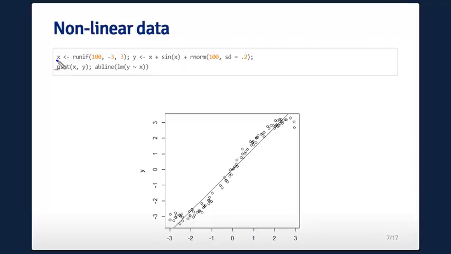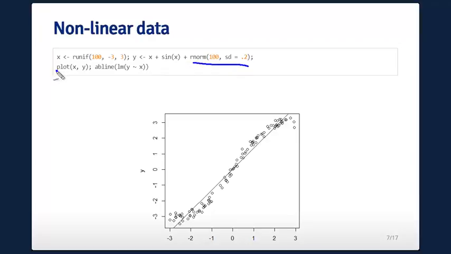My x's are just a bunch of random uniform numbers between -3 and +3, and y is this line. It's the y equals x line, but then it also has this other part with sine x. So it's not just y equals x, and then I add some normal error.